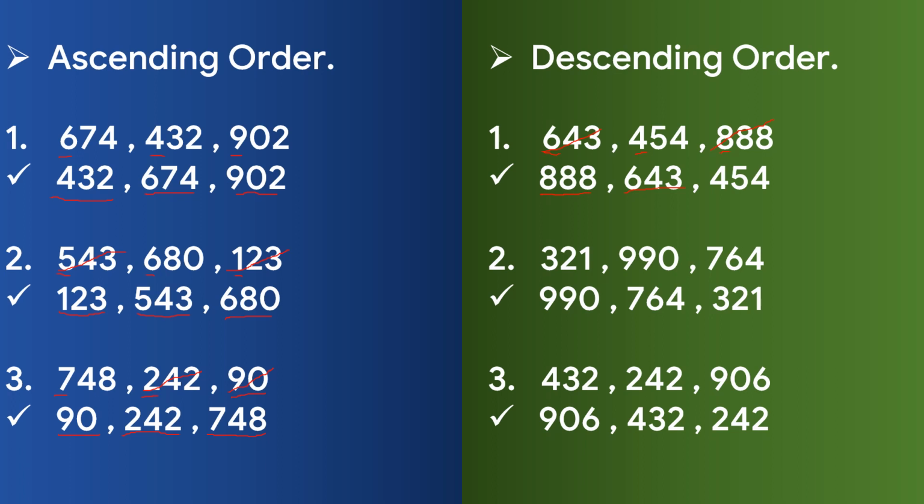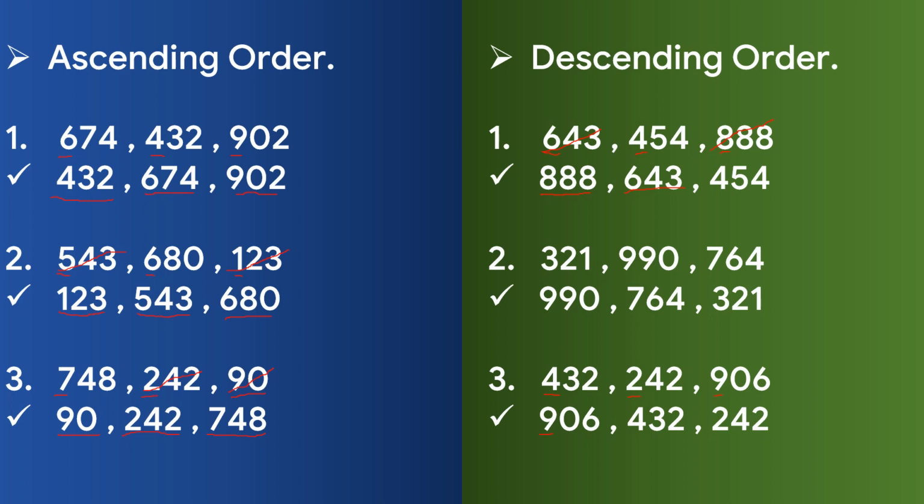Your next set of numbers is 432, then 242, and then 906. See, the number of digits is the same in all these, so you just have to see the first digit. In the first number there is a 4, in the second number there is a 2, and in the third number there is a 9. So from these three numbers, which one is the biggest number first? 9.